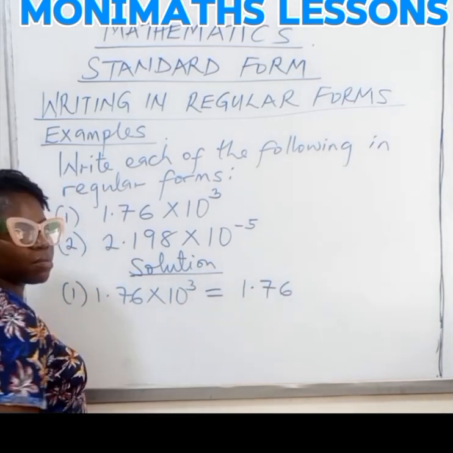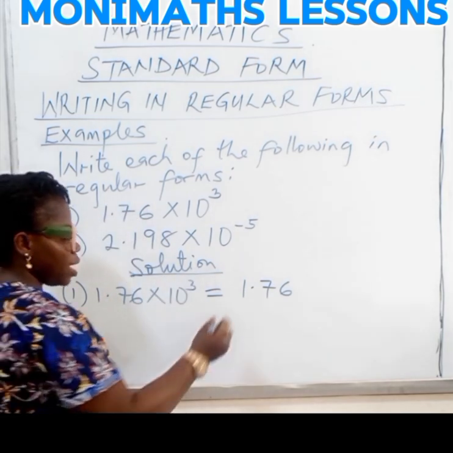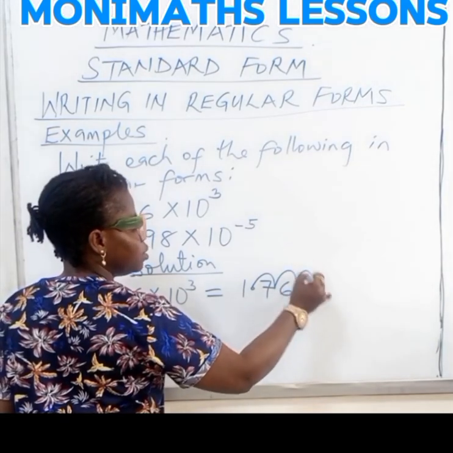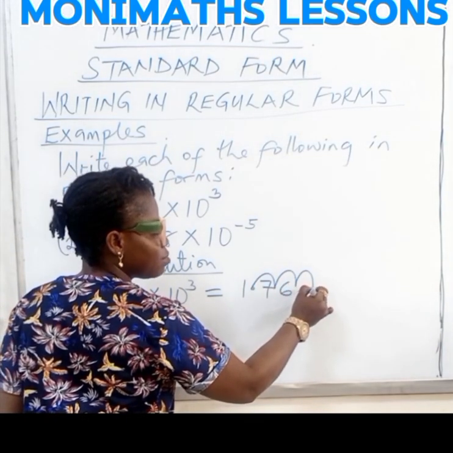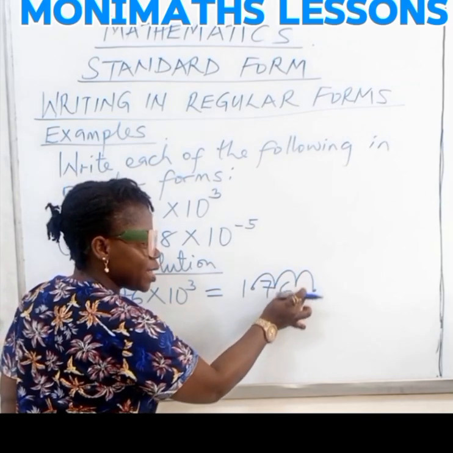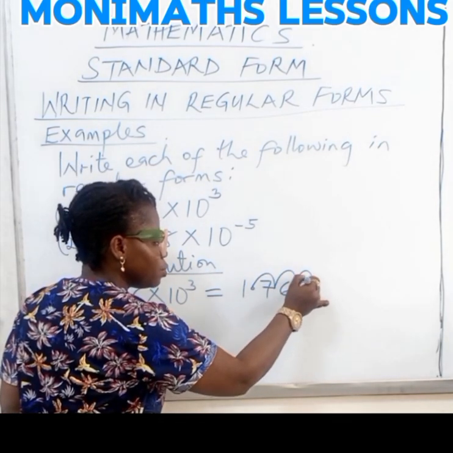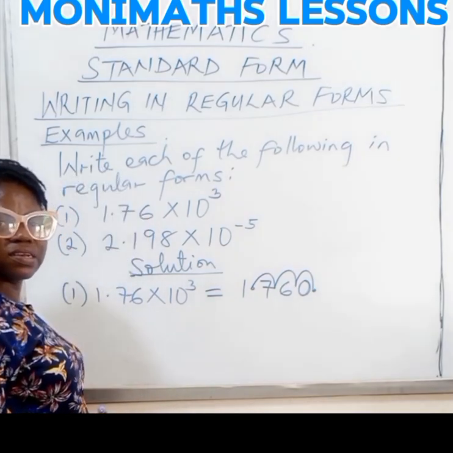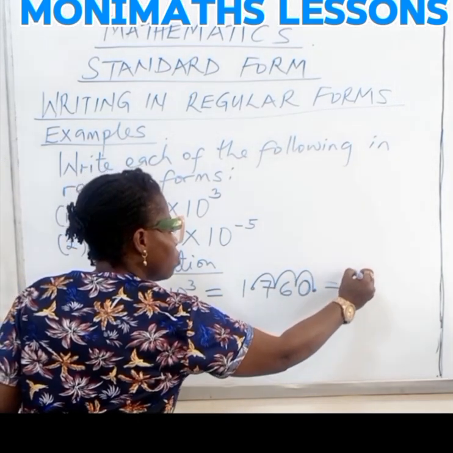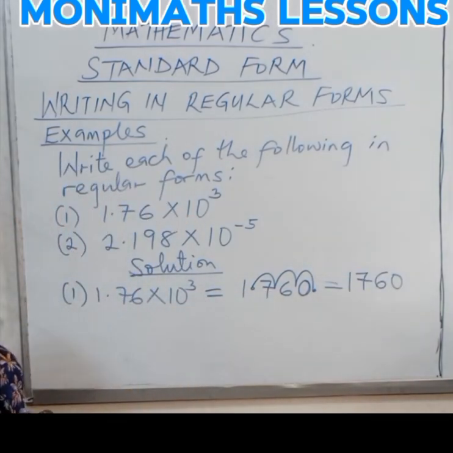We have to move the decimal point from there towards the right now, the opposite, 3 times. So let's see. 1, 2, 3. Now the decimal point is at the back of the unit. There is no number here, but there is a number there. So replace that with 0. That means 1.76 times 10 raised to power 6 is actually 1,760.